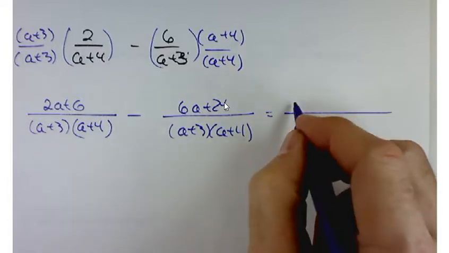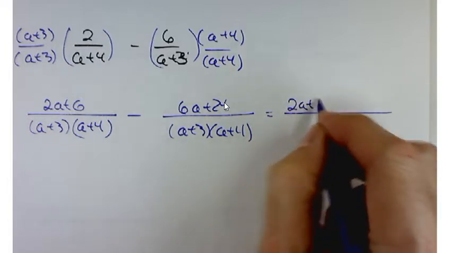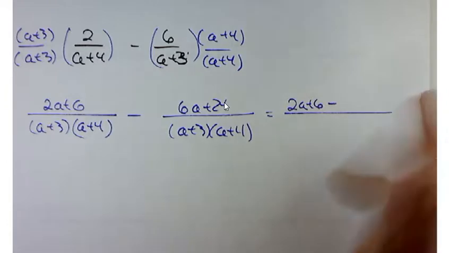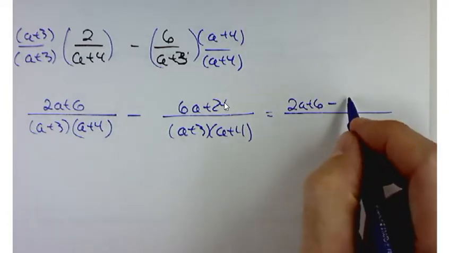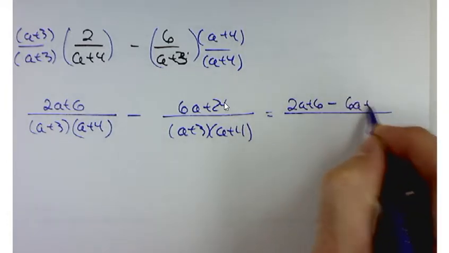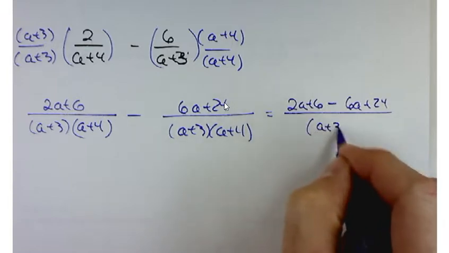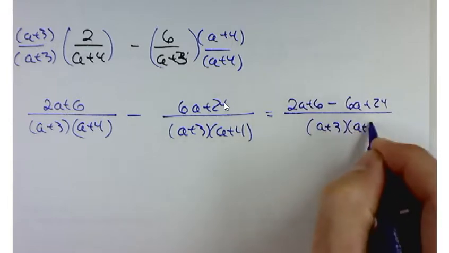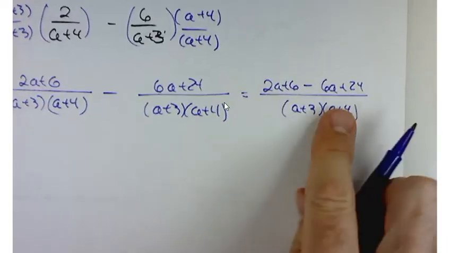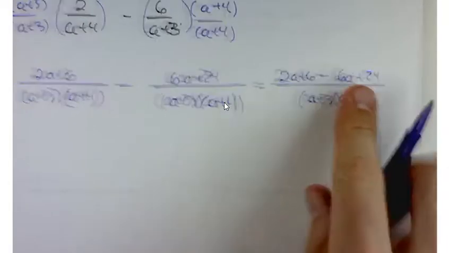So I can subtract the numerators. 2a plus 6. And don't copy this down just yet. If you write just minus 6a plus 24, I think you're headed for a mistake. Can you see what's wrong with what I've got here?